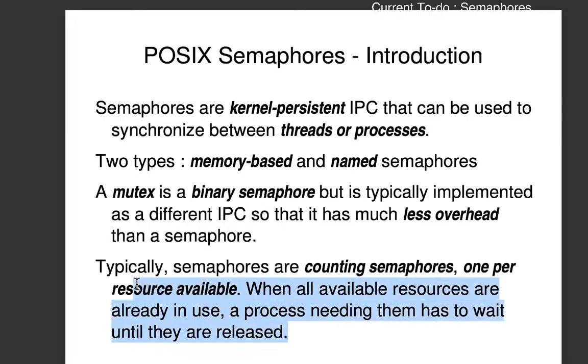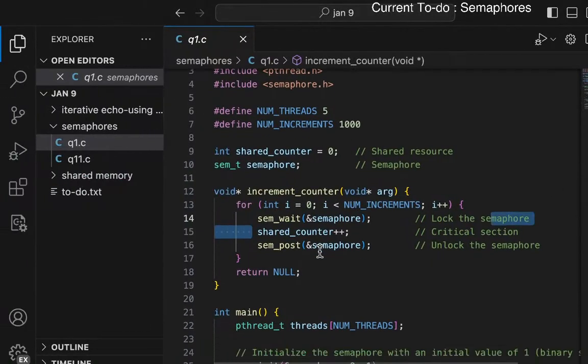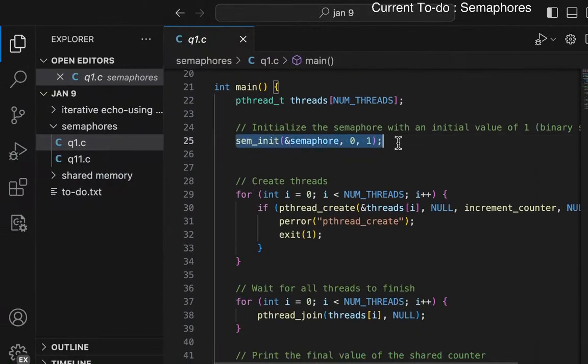So essentially, it is a signaling mechanism, and depending upon the number of resources, the number of semaphores is constructed. In POSIX, this construction is done by the sem_init function, which I'll show you here.